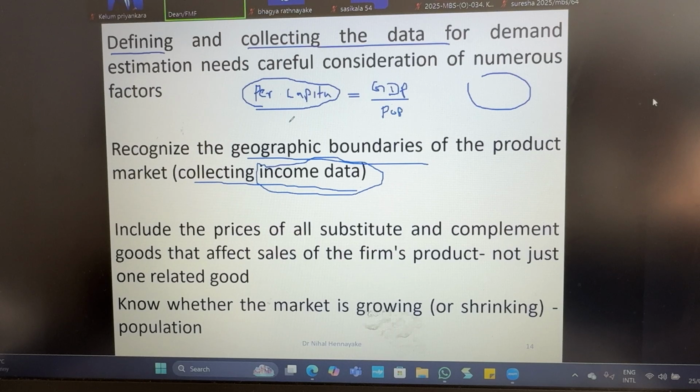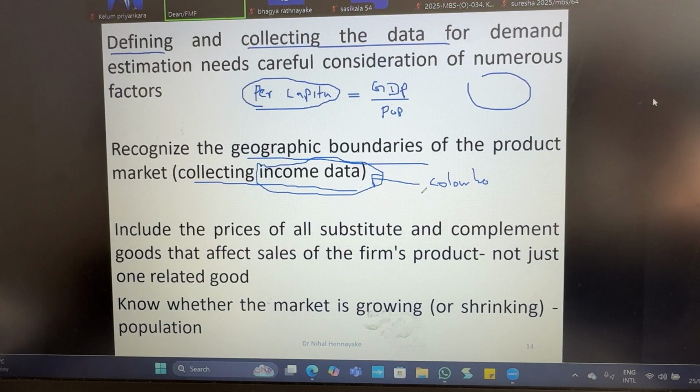Colombo people consume more of the GDP than Monaragala people. So rather than going for national figures, if you are choosing one area in Colombo, it is better to go for Colombo district income, or at least Western province income.